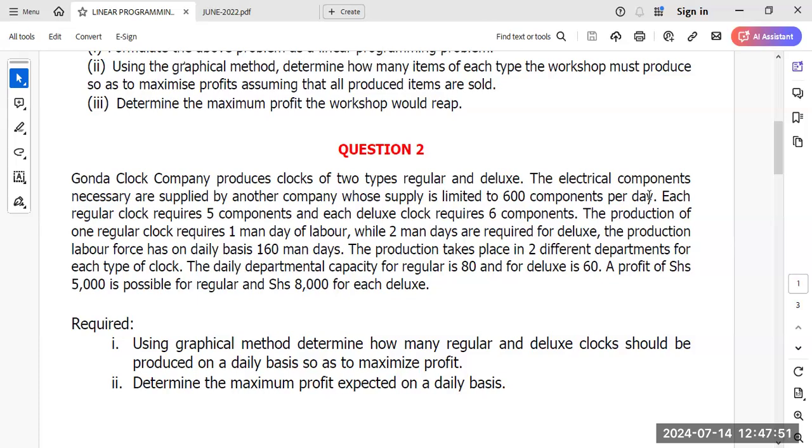Okay, they are telling you that each regular clock requires 5 components and each Dirk's clock requires 6 components. Before you proceed, you must interpret this statement correctly. What comes into your mind? Are you seeing something like a constraint?